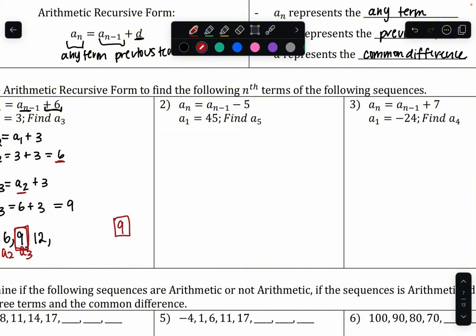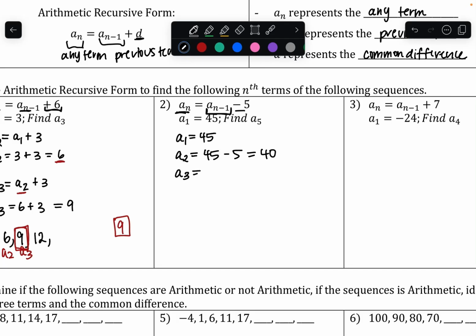Okay, this next example says you can get to any term by taking the previous term and subtracting 5. So if a sub 1 is 45, that means a sub 2 would be 45 minus 5, which is 40.